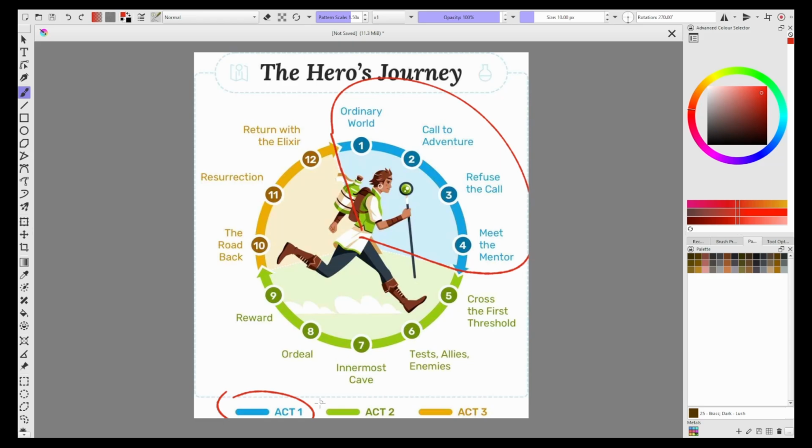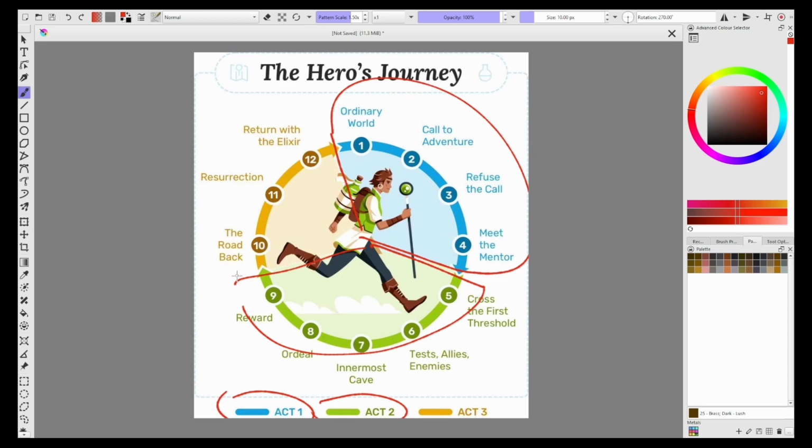Next, we have Act 2, which is this green part, which, just like in the 3-act structure, should take up the bulk of the story. This is where all of the interesting things happen, all of the trials and tribulations, all of the conflicts. This is where the character is actively heading towards a goal or something that they want, something they need, or to find the answer to a question, but they are being hampered in some way.